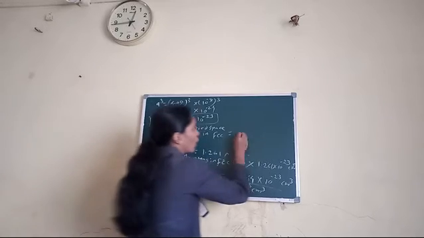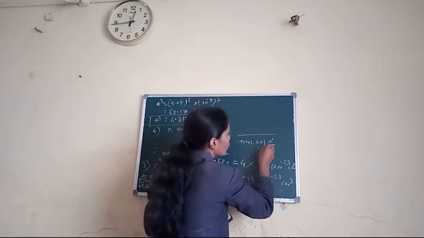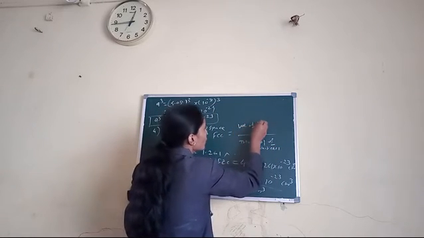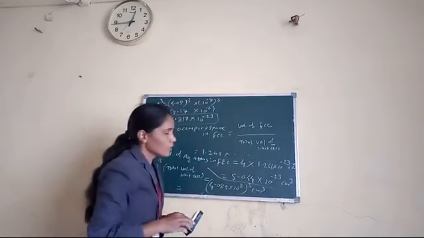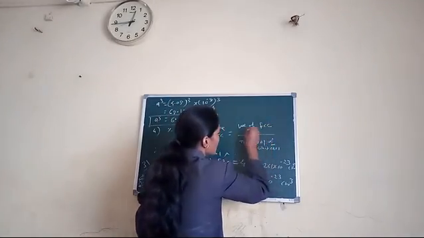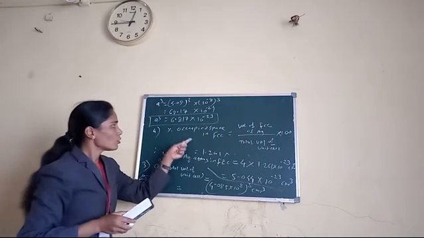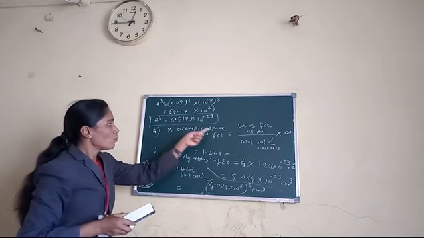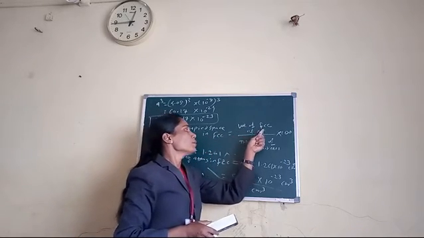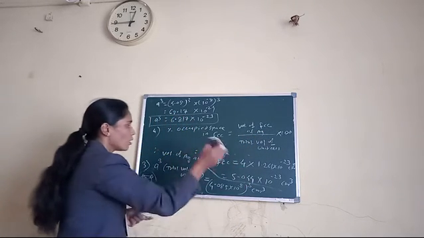For this formula, out of total volume of unit cell, the volume of FCC of silver into 100. Percentage occupied space in FCC is equal to volume of FCC of silver occupied upon total volume of unit cell into 100.